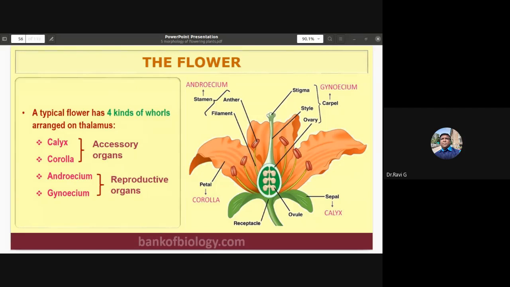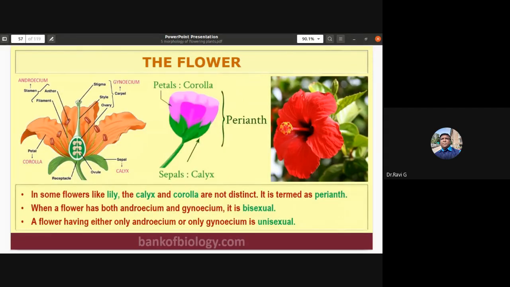Okay, the next slide. See, in some flowers like lily, coconut flowers, and champak flowers, sampige, the calyx and corolla are not distinct. Both of them look similar. You cannot differentiate them.